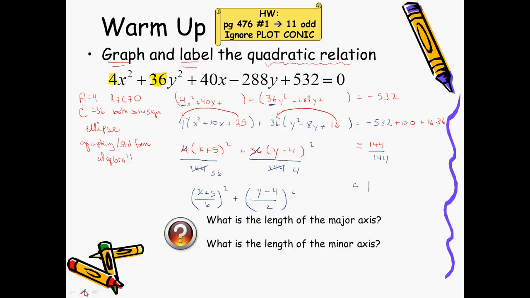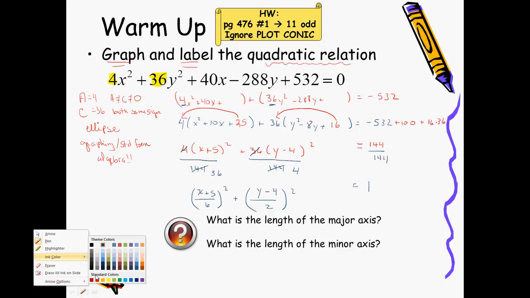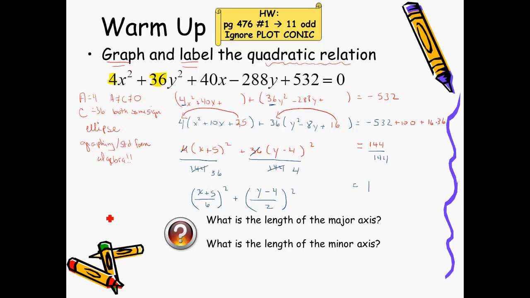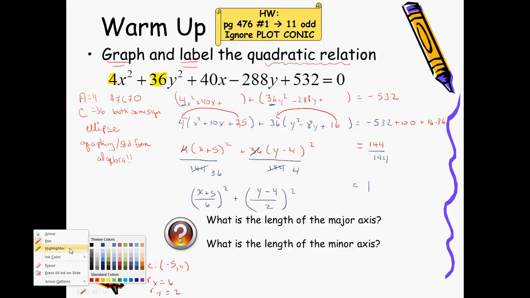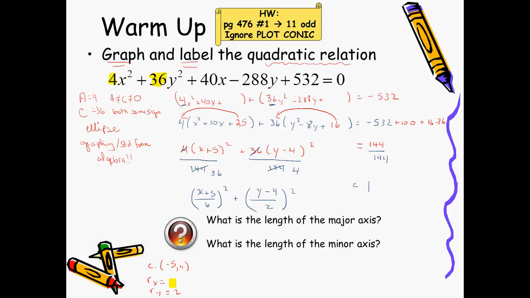Alright, can you tell me the center? Questions? The center is not 5, but our x is 6 because it's under the x stuff, and our y is 2 because it's under the y stuff. Which one of these numbers is bigger? 6 is bigger, right?